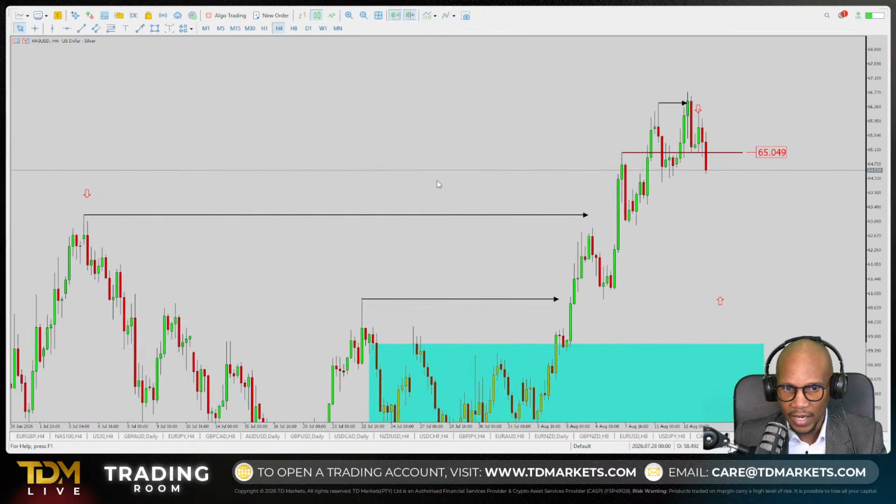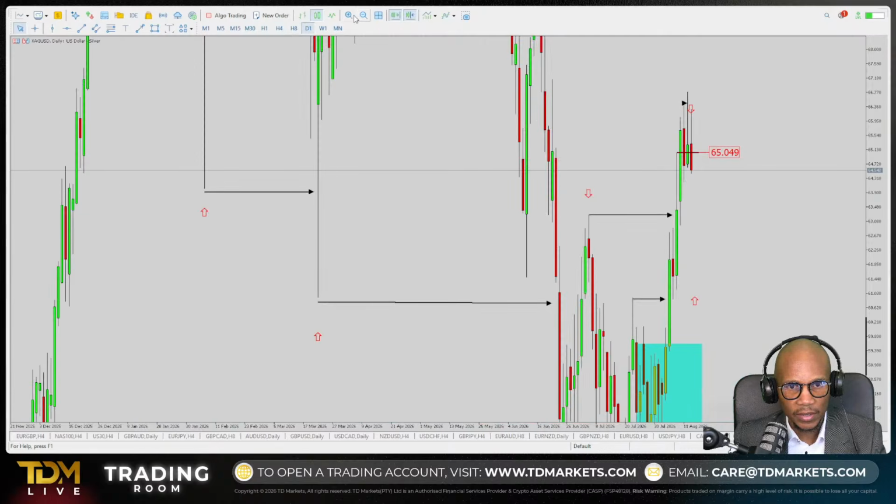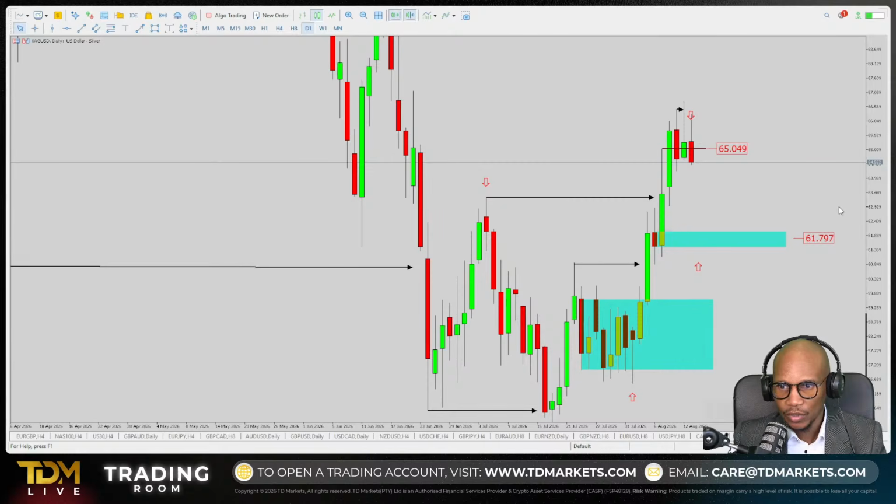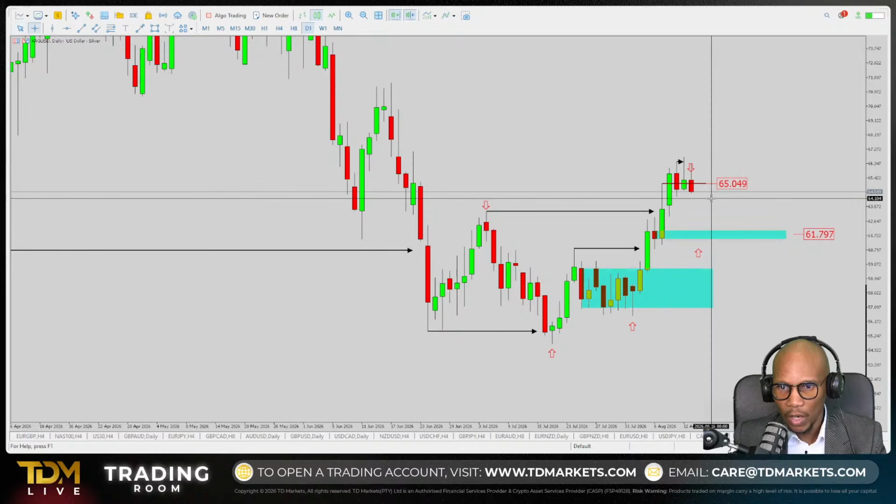All right. And then I'm looking to take this down to this demand zone here, which is around, let's say, 61.7. So my thought process is, while we're waiting for that long-term buy, we are going to get a correction, possibly come back down to this demand zone.